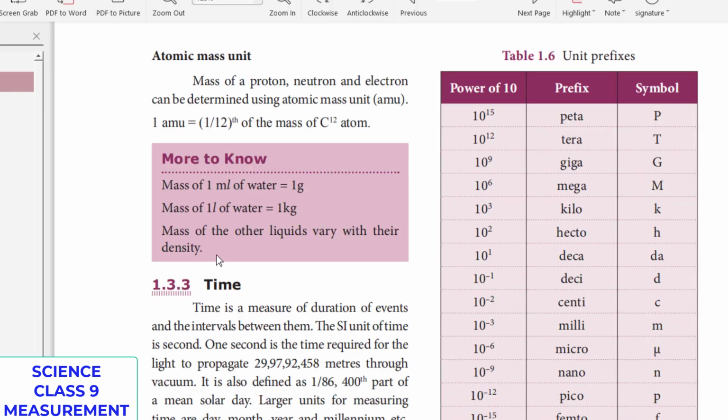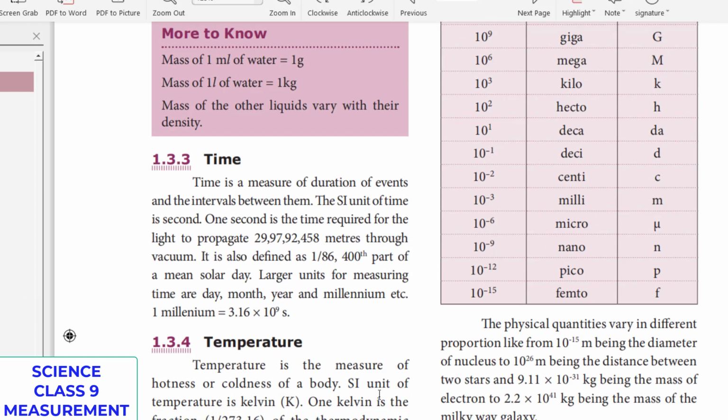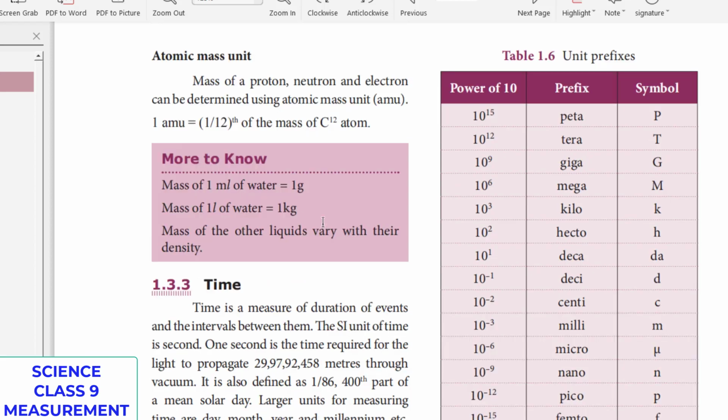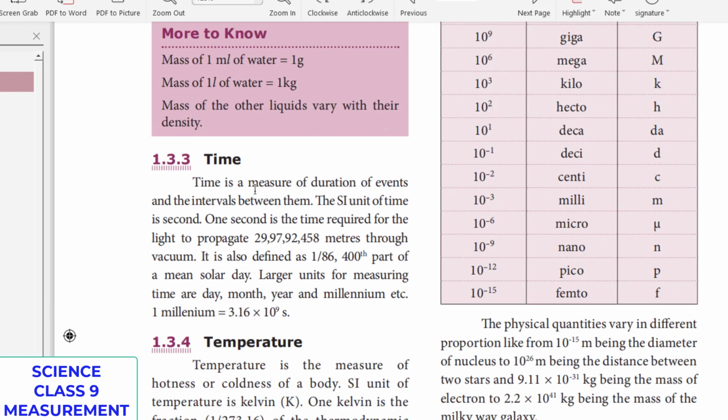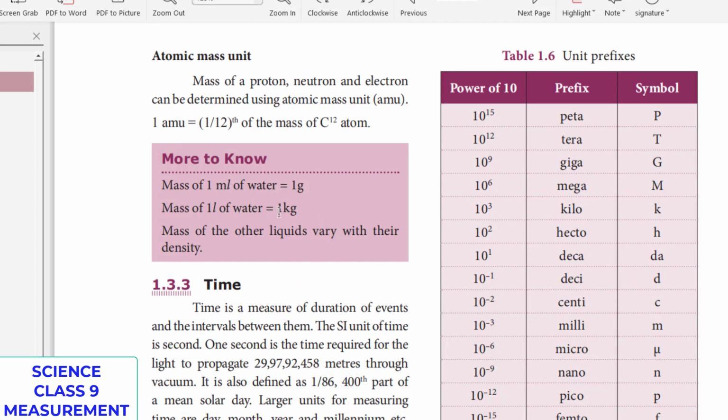Before that, we have to know one important thing, that is atomic mass. The mass of the proton, neutron and electron can be determined using the atomic mass unit. Simply you can call it AMU, which is defined in standard form as 1 by 12th of the mass of a carbon 12 atom.